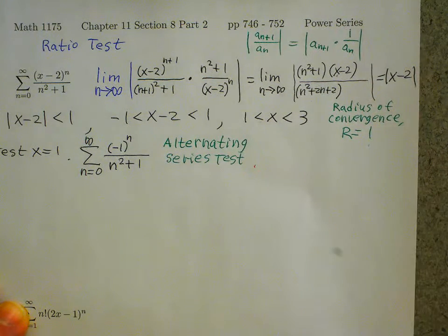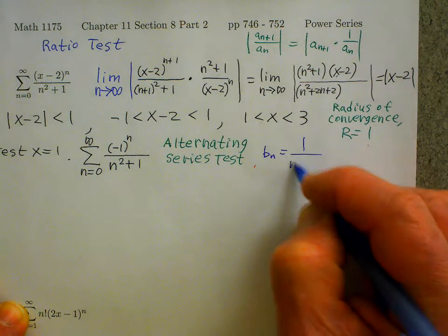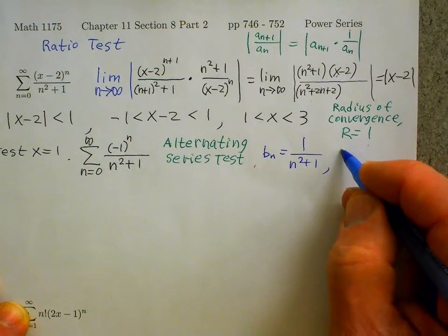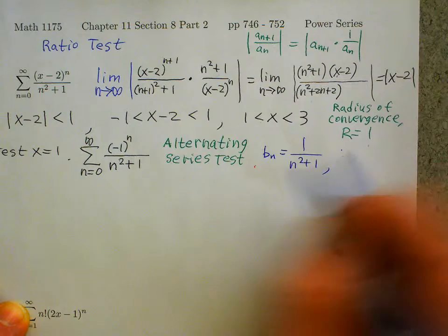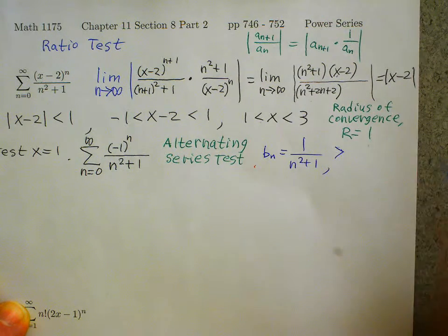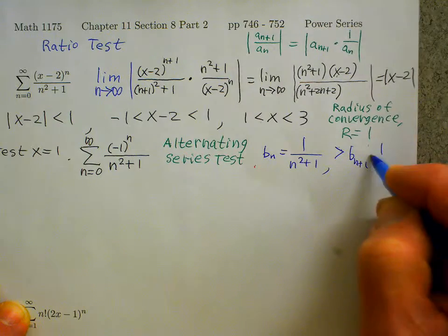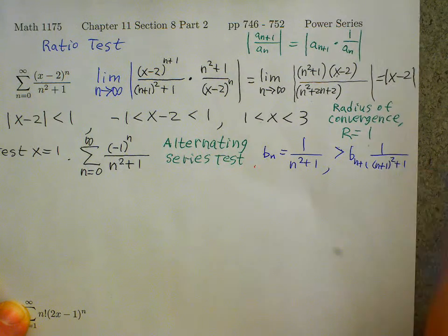So if b sub n is 1 over n squared plus 1, the next term is smaller because the denominator will get bigger. So this will be greater than b sub n plus 1, which is 1 over n plus 1 squared plus 1.